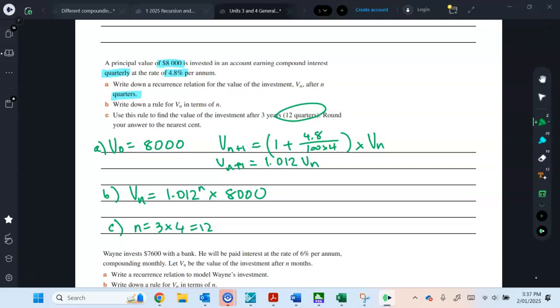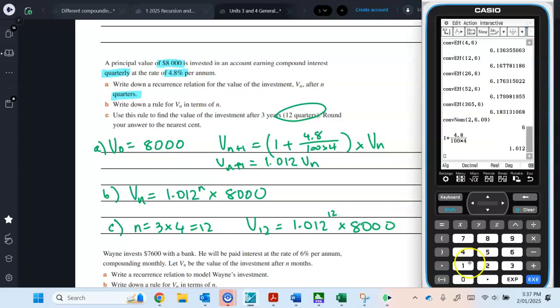That's where the 12 has come from. So V12 is equal to 1.012 to the power of 12 times 8,000. You can just pop that into your calculator. Actually, I'll do it because I want to make sure you do your rounding correctly. 1.012 to the power of 12 times 8,000.